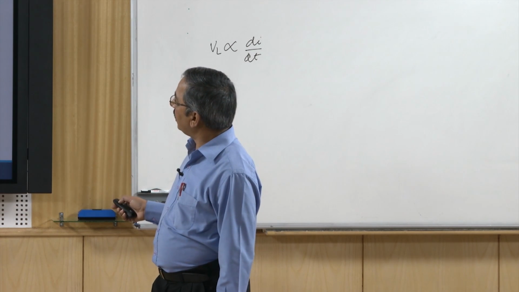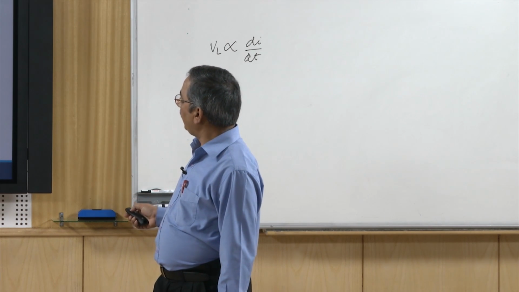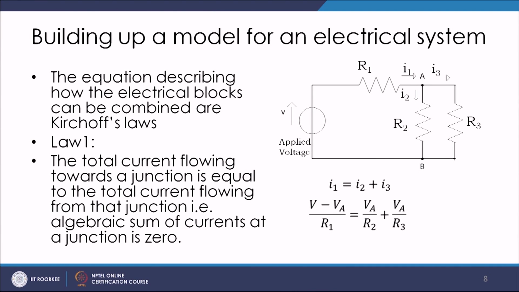there is a resistor of resistance R1 and there are two resistors again which are parallel to each other, say R2 and R3. Now, if you look at this junction A, you can see that there is a current coming into the junction which is I1 and the currents going out from the junction are I2 and I3.